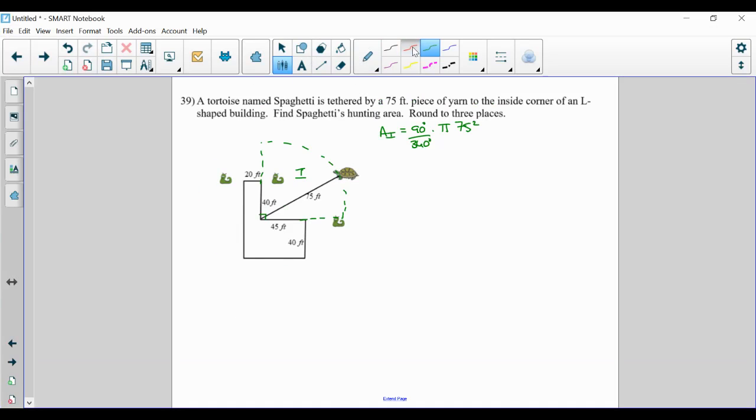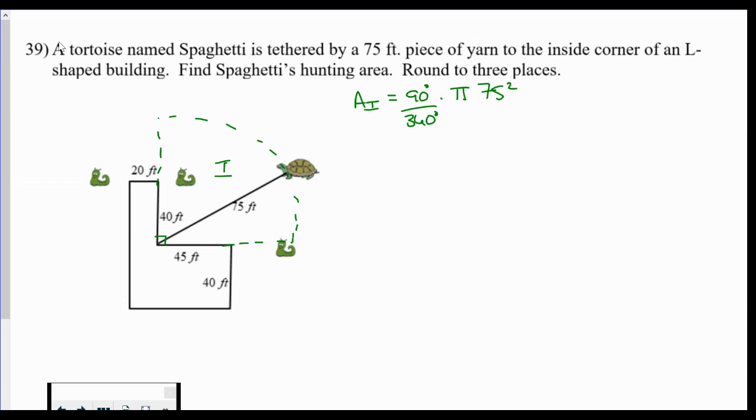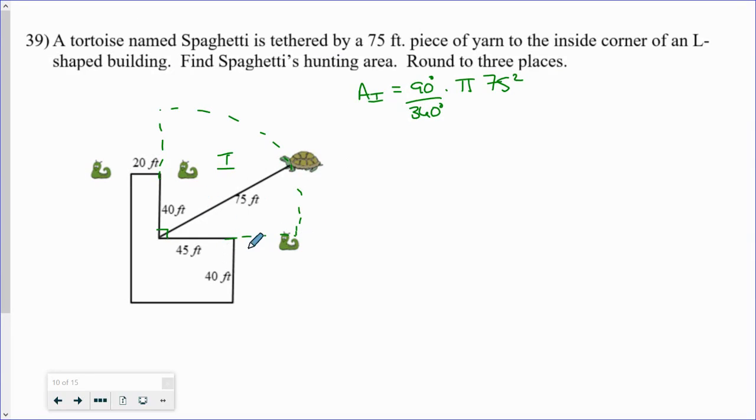Let's go to the next one. Let's get a different pen here. Go back to the full screen. Okay, let's do this down here. Now, this 75-foot leash that came out to here, we're going to lose 45 feet off of it, right?